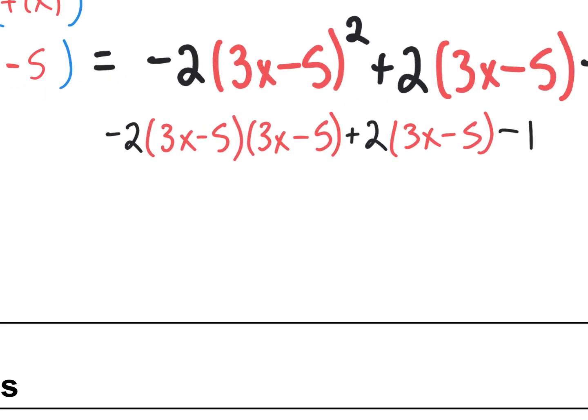So here's what I'm going to do, and I'm going to do it kind of quickly because I want to get this over with. Negative 2 times 3x gives me negative 6x. Negative 2 times negative 5 gives me 10. And that's what I'm going to FOIL with this next 3x minus 5.